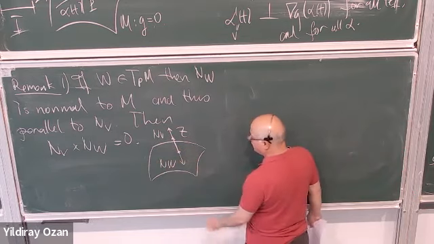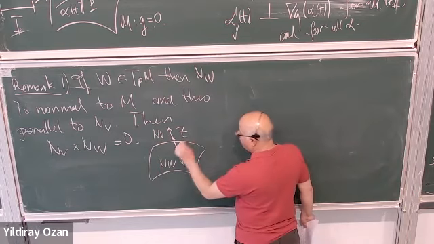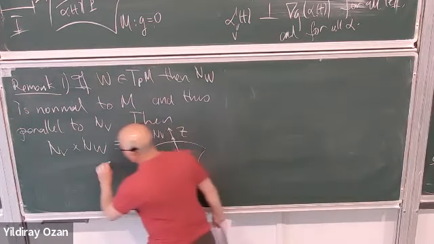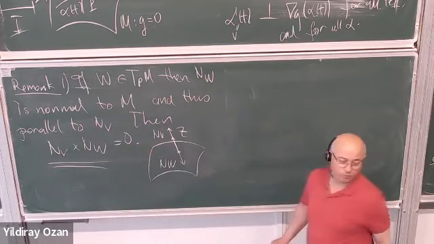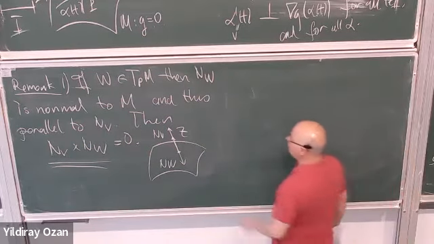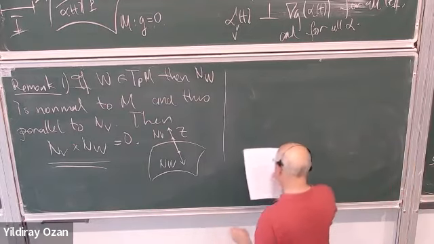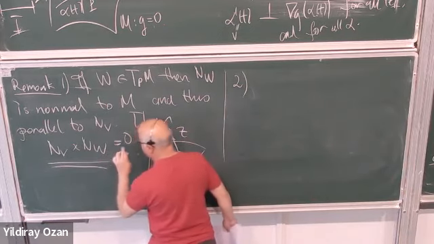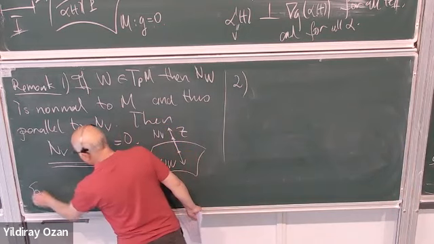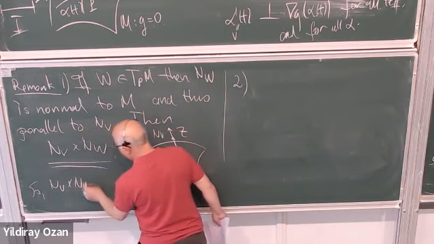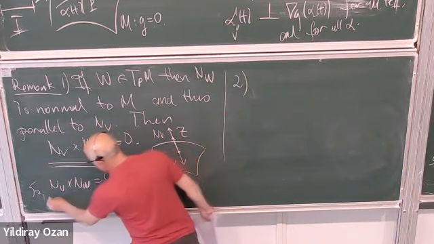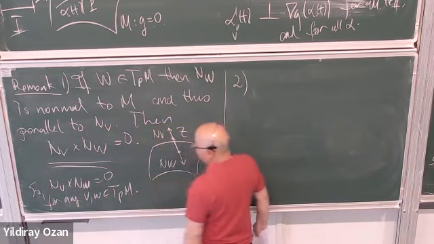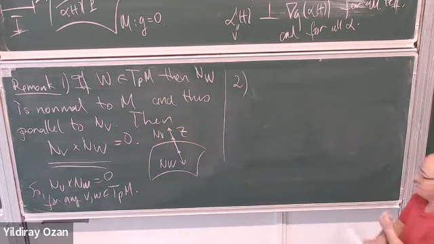But the thing is that both of them are parallel to Z, therefore they are parallel to each other, and therefore their cross product must be 0 because they are both normal to the surface. So that's the first remark. So what we have seen is that this product is 0. So NV cross NW is 0 for any V, W in TPM. For any two tangent vectors, this cross product is 0.